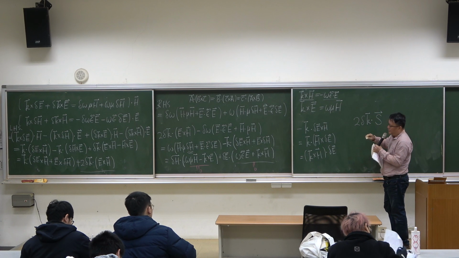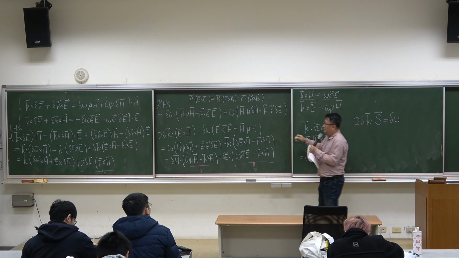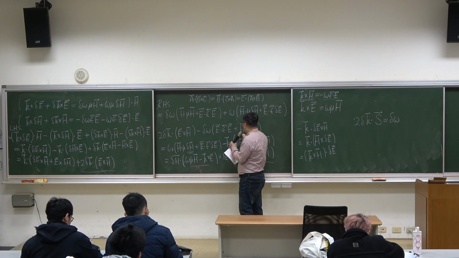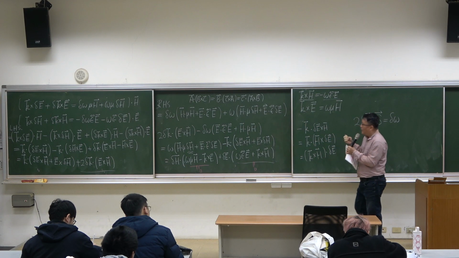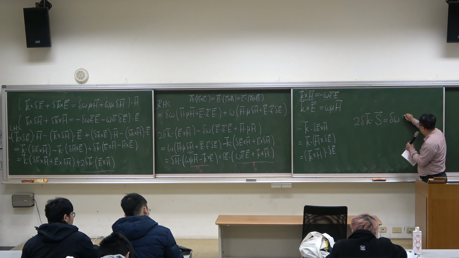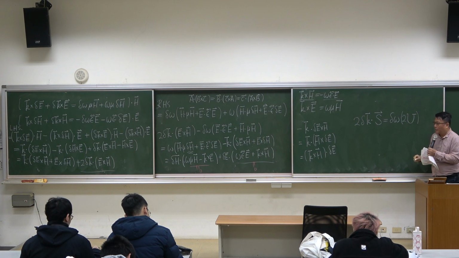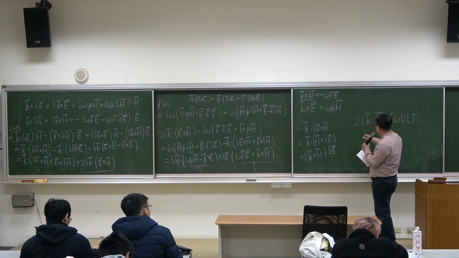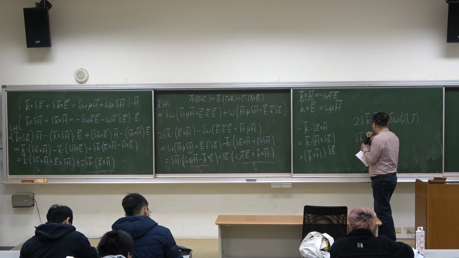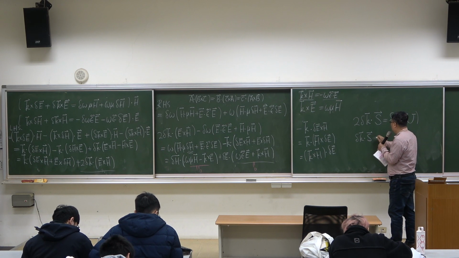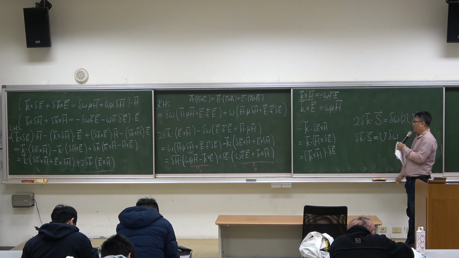Poynting vector is equal to delta omega times this plus this, which is two times the energy density. Okay, so both sides we have 2. We get delta k dot S is equal to U times delta omega.